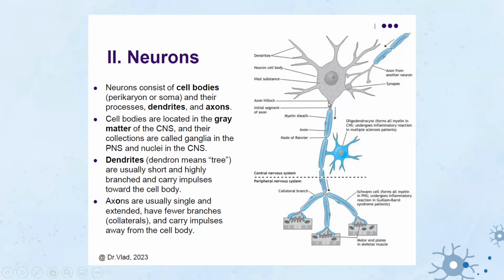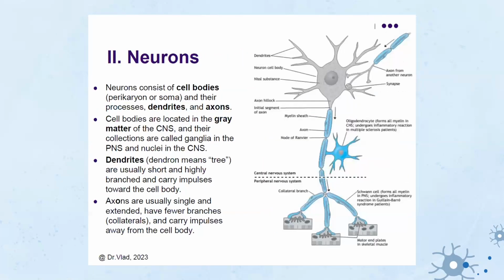You can see how they're single only, and they have fewer branches, unlike the dendrites, and they carry the impulses away from the cell body. So the impulses come from the dendrites to the cell body, and then move away from the cell body all the way to the axon terminals.